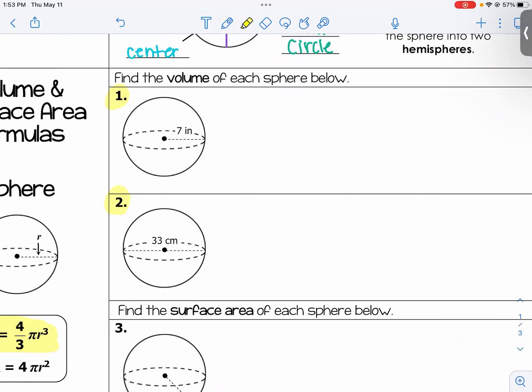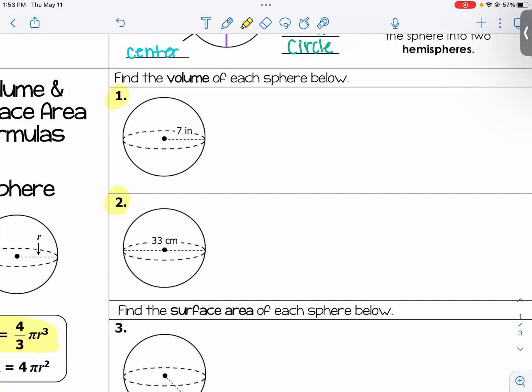Four-thirds pi r cubed. Do we put it to the power of 3, or is that just? Yep. So the caret here. Where's my?